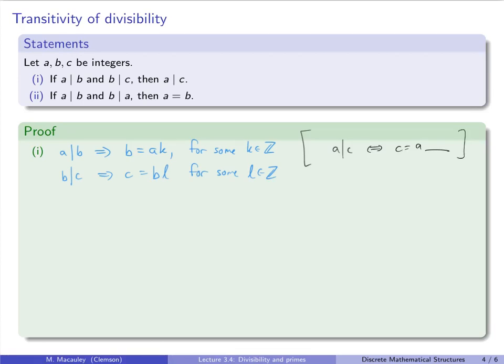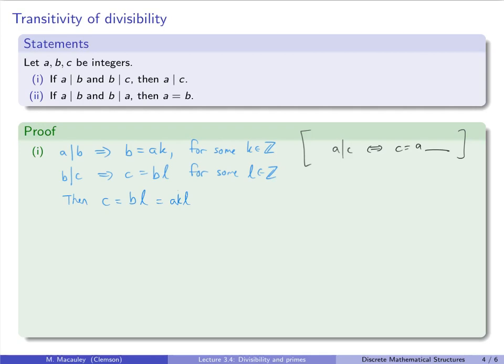You see what integer we're going to use? Let's try to put these together. So then c equals b times l, and b is a times k, so a times kl.